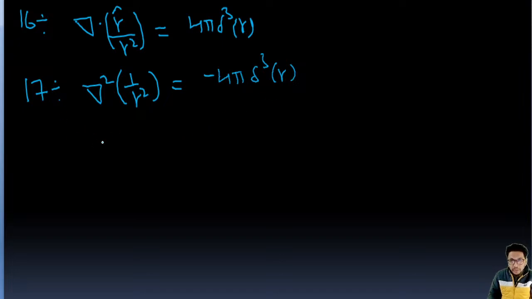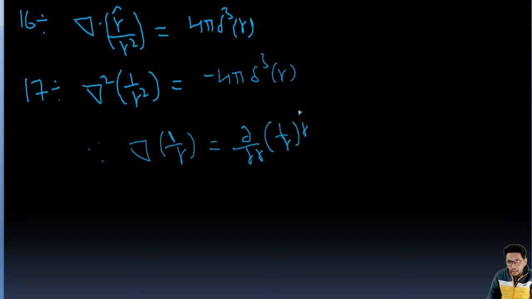If we find del of 1 upon r, it is del upon del r of 1 upon r, times r cap. If we solve this, it is going to be minus r cap upon r square.